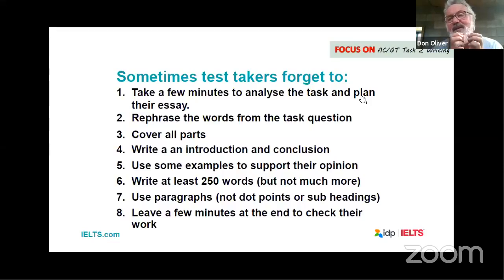They need to spend a couple of minutes understanding how many parts there are in a task 2 and plan their essay accordingly. You need to be able to rephrase the words that are given to you, and you can practice doing this. Talk to your friends about it. Read more and more and more, and you will understand how to flexibly use vocabulary.